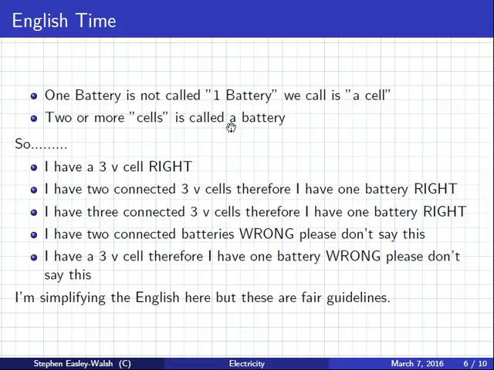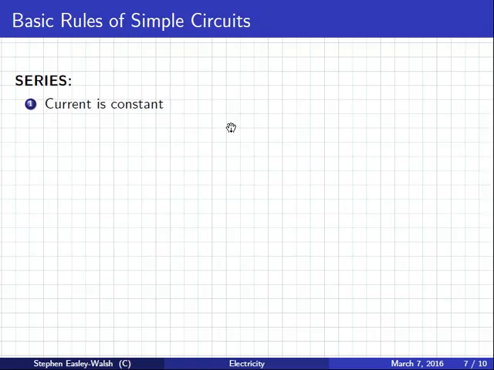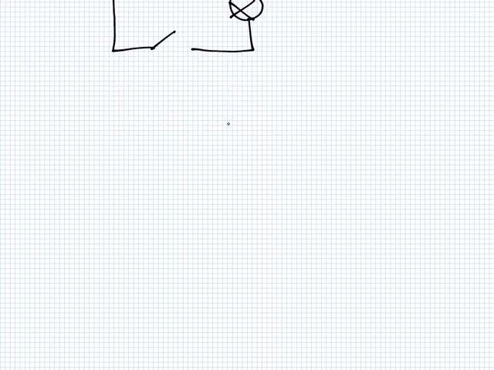Right, now, some basic rules. We'll look at series first. Series means straight line. Let's put an ammeter here, so that's called I1, and let's put an ammeter here, we'll call that I2.